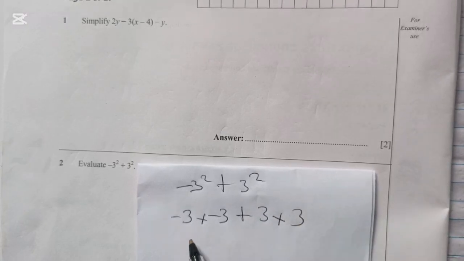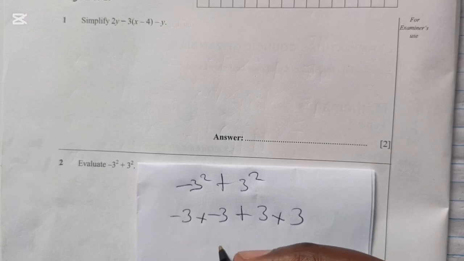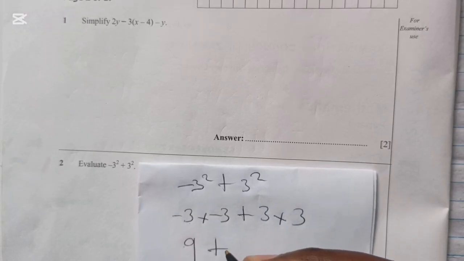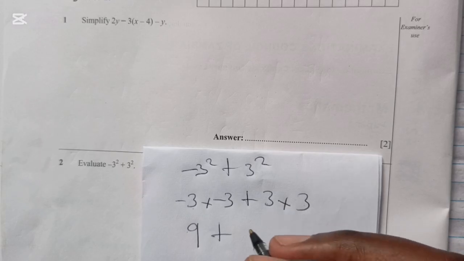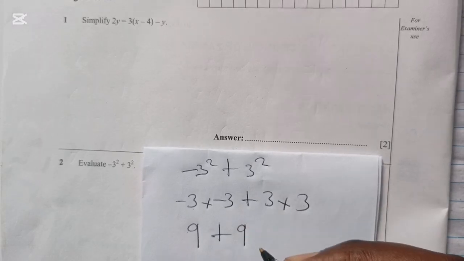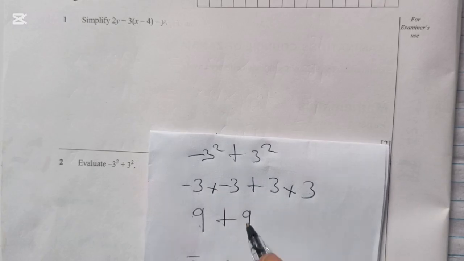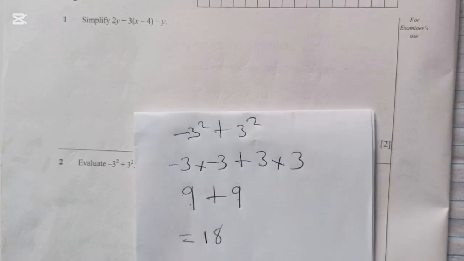So negative 3 times negative 3 will give us positive 9, plus 3 times 3 will give us again positive 9. When we add 9 plus 9, it will give us 18.